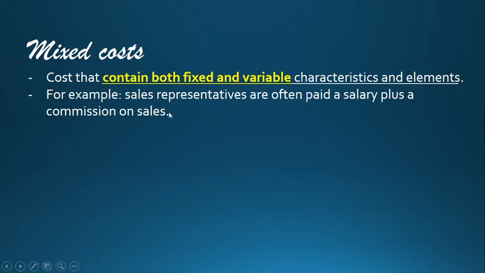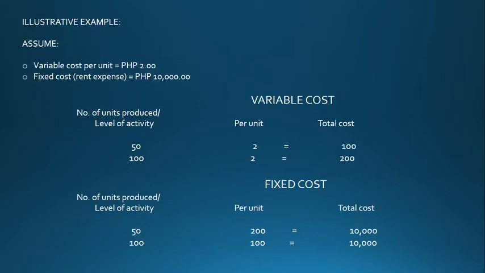So, ito yung cost na parehong merong fixed at merong variable cost. So, sa illustration natin, assume that the variable cost per unit is 2 pesos and the fixed cost or the rent expense is 10,000.